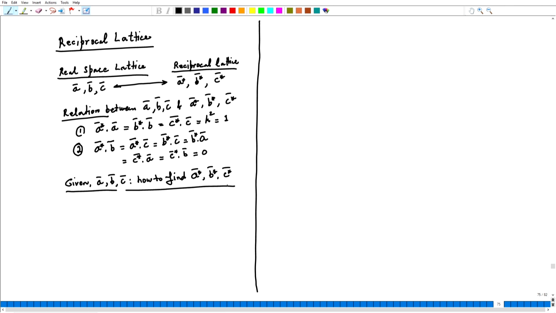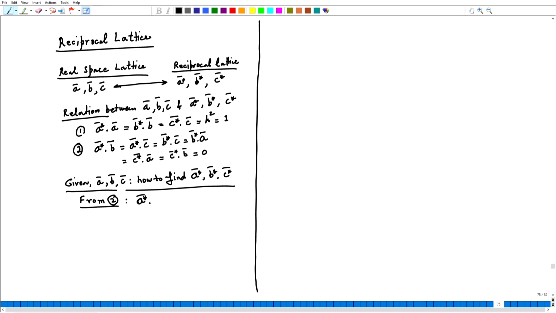So, let us examine this a bit. If I look at the set of relationships given in 2 above, let us just take the A star reciprocal vector.